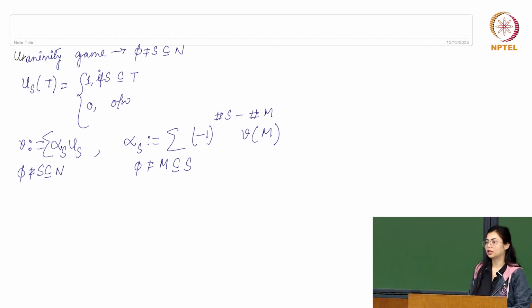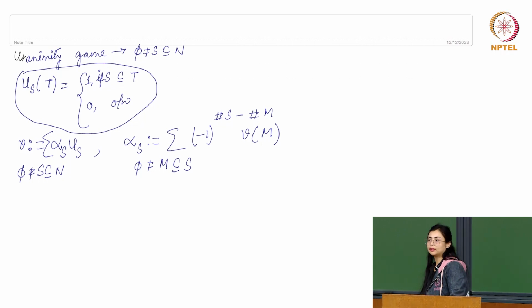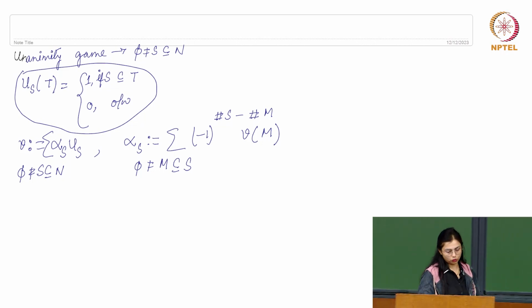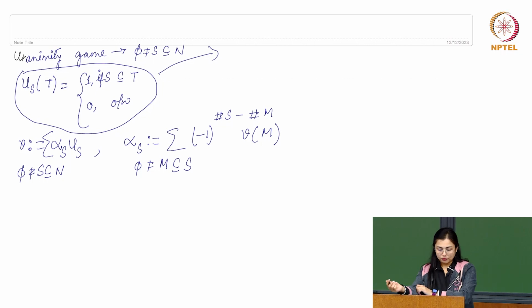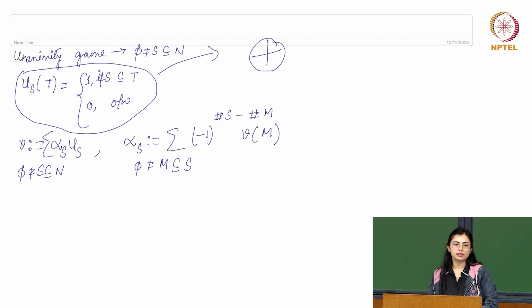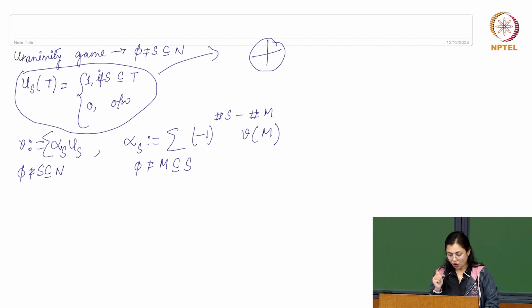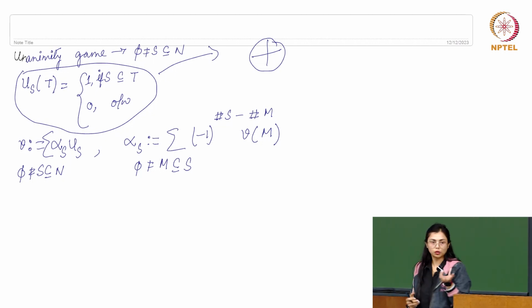Any question you have? There is one interpretation regarding this unanimity game. Suppose there is a cake here, and we have to distribute this cake. There are different groups, and somebody said that the cake will go to only one group of people.